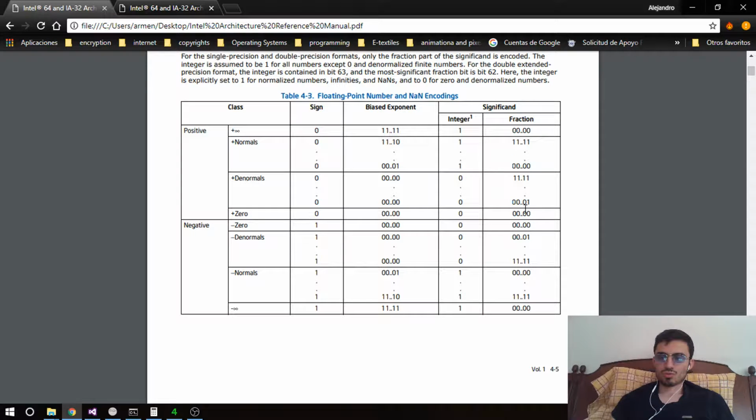They do use, the normals use a fraction, and if you see the fraction starts at 1 and ends up at the maximum number, but it's never 0, because if it was 0, it would be the zeros. So the normals and zeros are pretty much the same, just that a 0 is like a denormal, but with the 0 fraction.